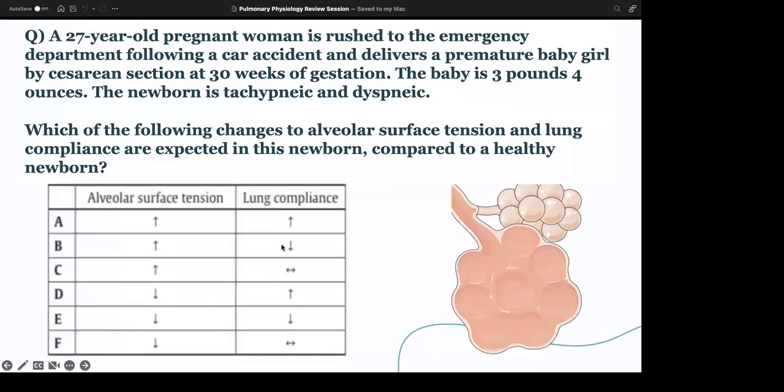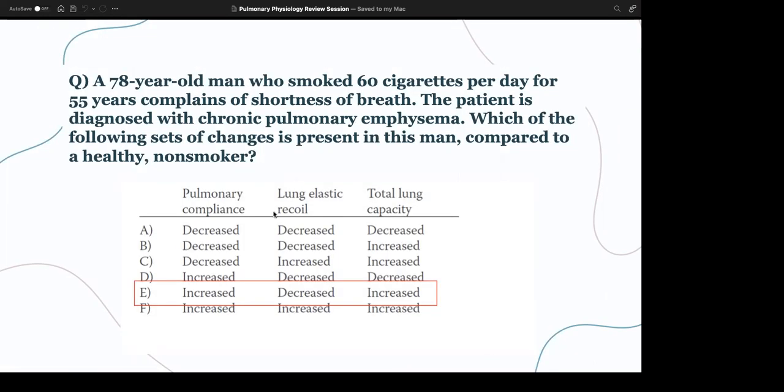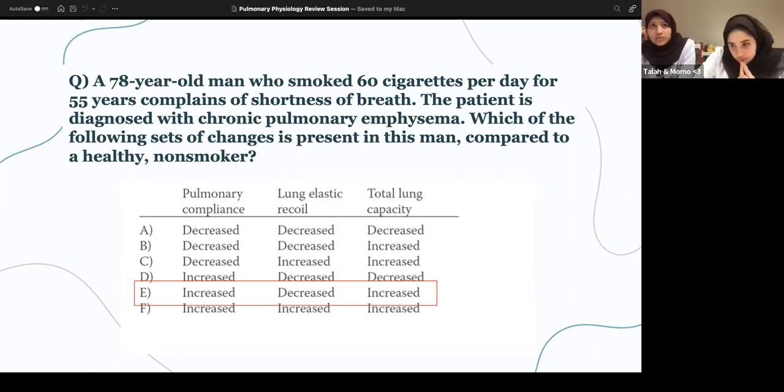I have a question. Go back. In the obstructive diseases, we have increased compliance and an increased volume. But isn't it that when we have increased volume, we have decreased compliance? Compliance is volume over pressure, right? So if the volumes increase, then compliance would increase. They're directly proportional.